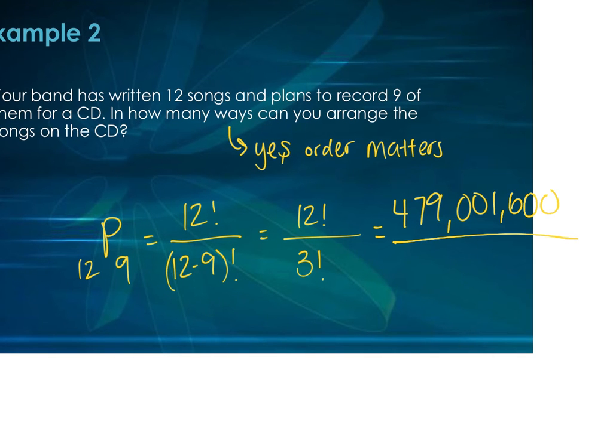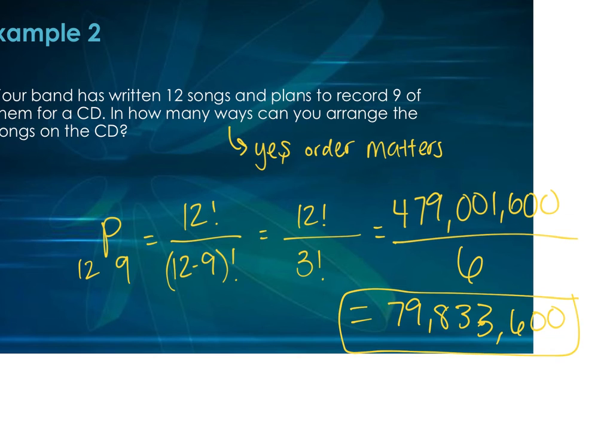We're dividing that by what? 6, because 3 factorial is 6. When you divide it by 6, you're going to get 79,833,600. A lot of possibilities, right?